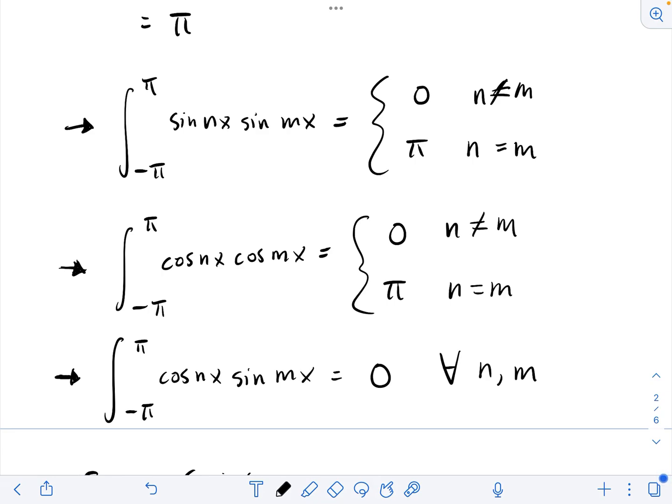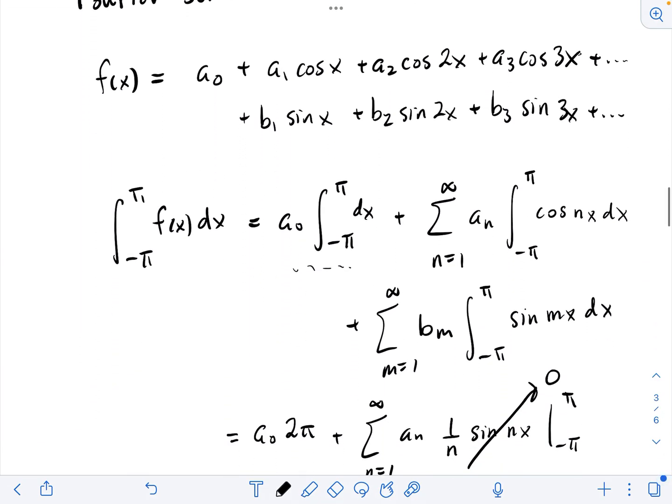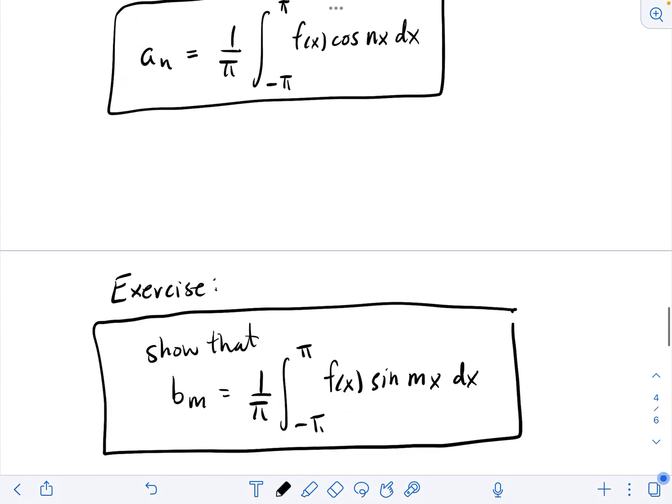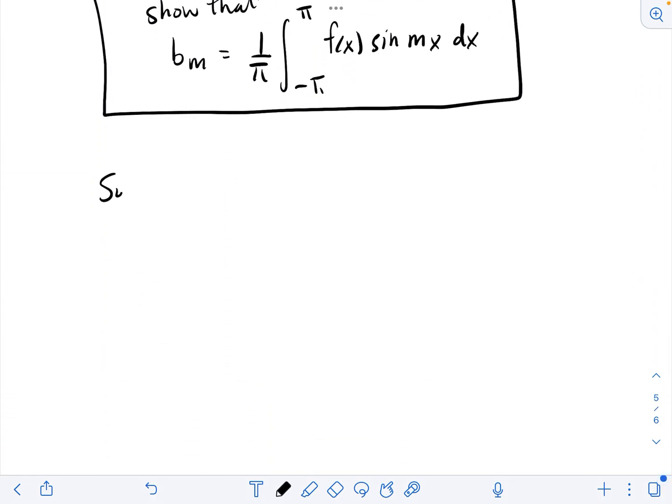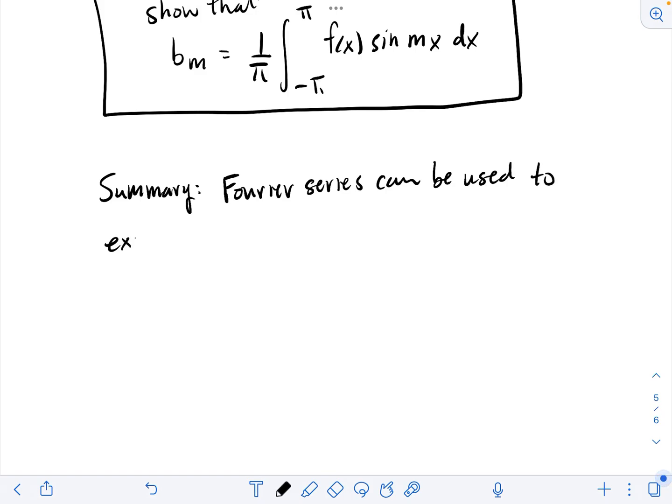Okay, so let's just summarize all of the important results. Summary. So the Fourier series can be used to express periodic functions as sums of cosine and sine terms.